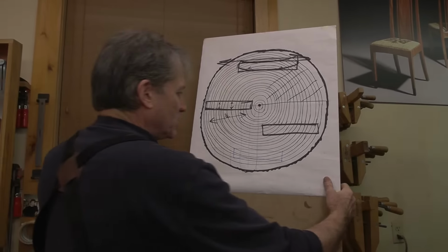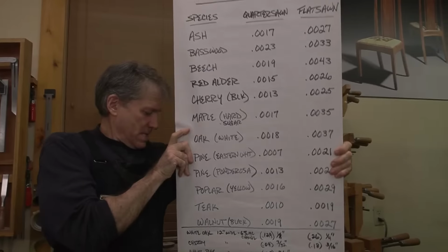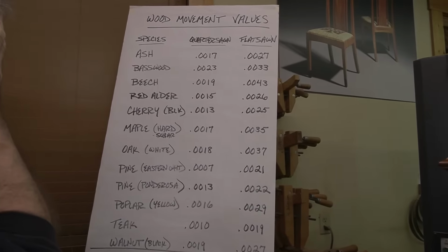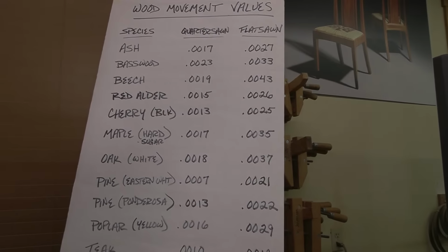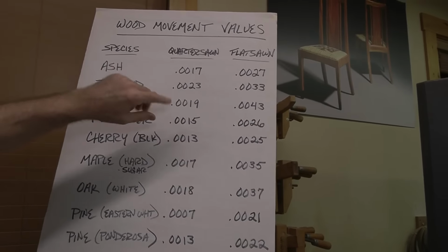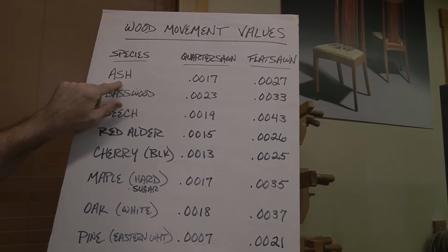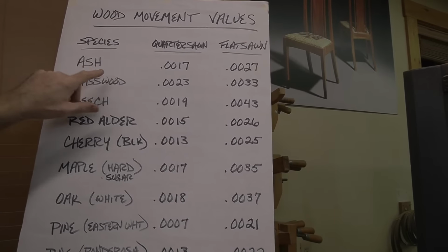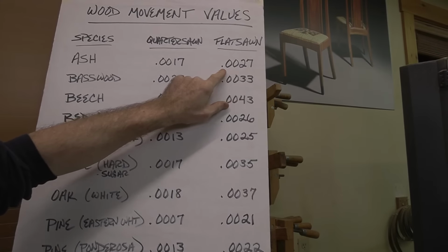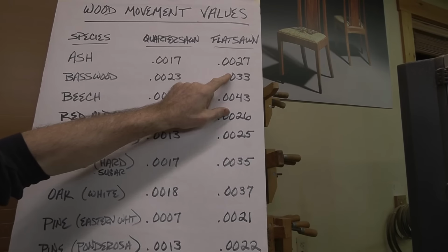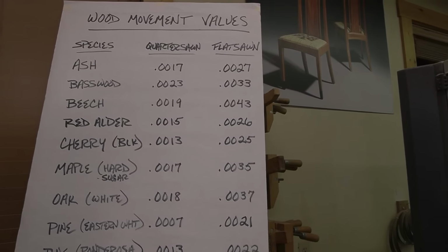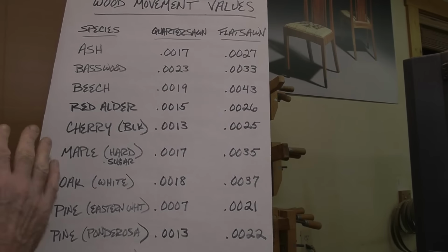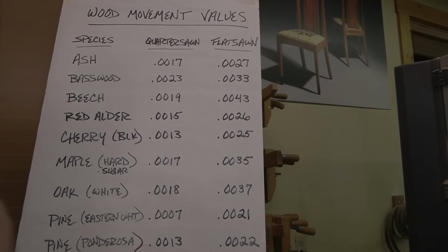And just to give you some of the figures on that, let's turn it around. Look at that. This is some of the actual ratios or measurements that have been taken on materials. Let's just take a species like ash, which we already looked at. It's got a factor of 27 thousandths. I forget exactly what that refers to. I'm pretty sure it's how much it moves per inch per percent moisture.